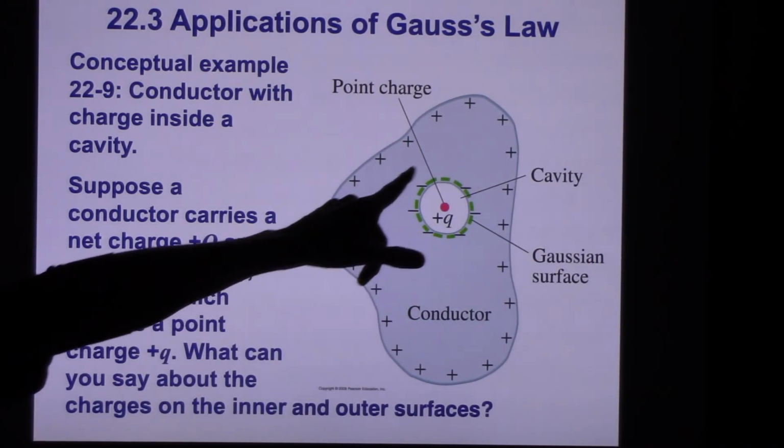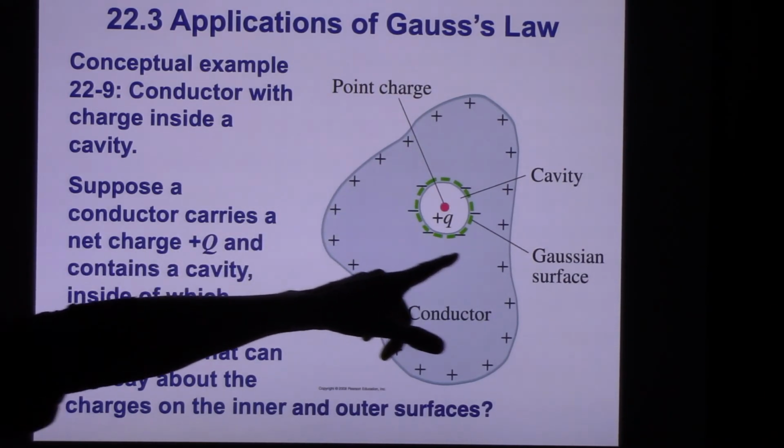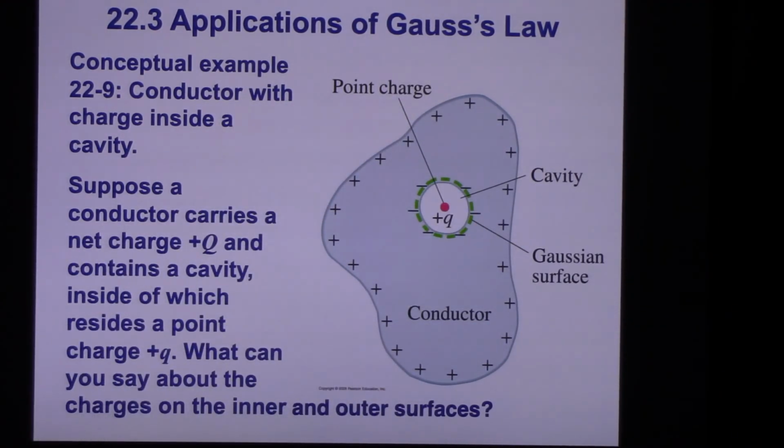Now, if negative charge is drawn to the surface on the inside, then an equal amount of positive charge will end up being generated from the removal of the negative charge. The electrons have migrated. We're going to end up with a positive charge on the outer surface.